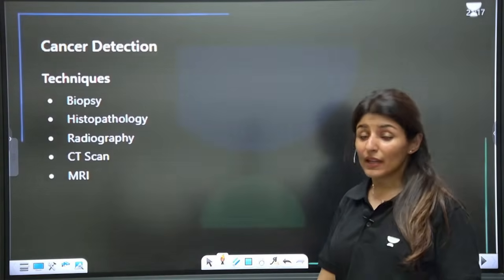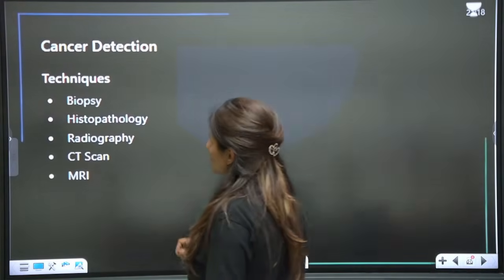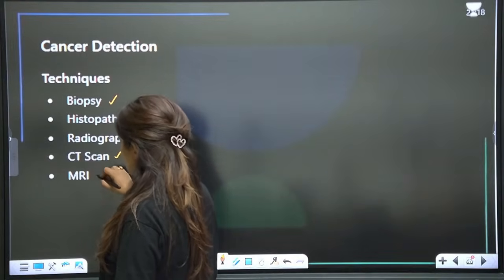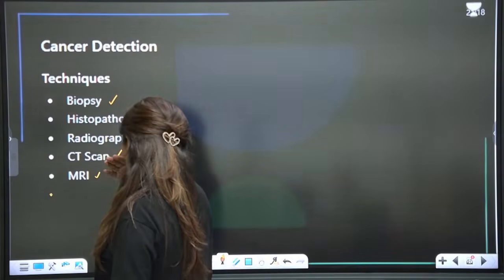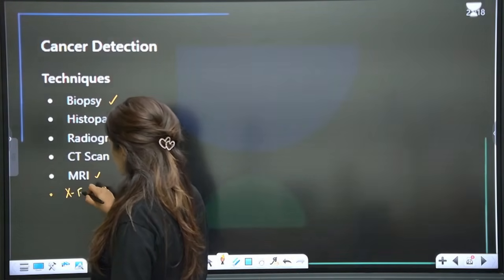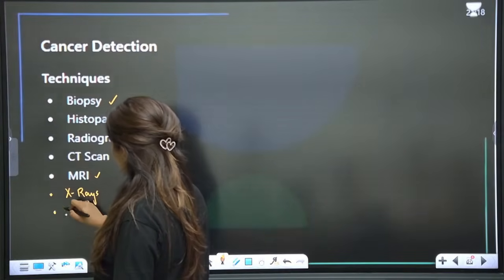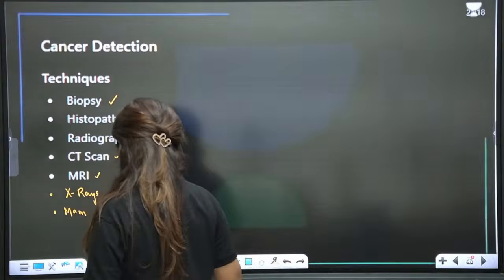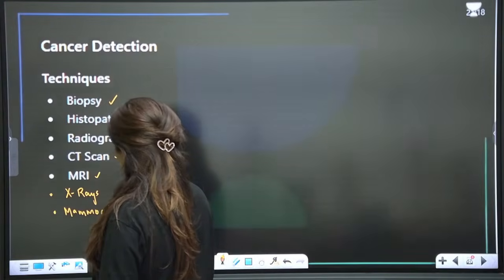Then talking about cancer detection, guys. There are different methods: biopsy, histopathology, radiography, CT scan, MRI, right? Then we have X-rays also. For breast cancer, we have mammography. Even a basic blood test can also give us some idea. Mammography. Is that clear?